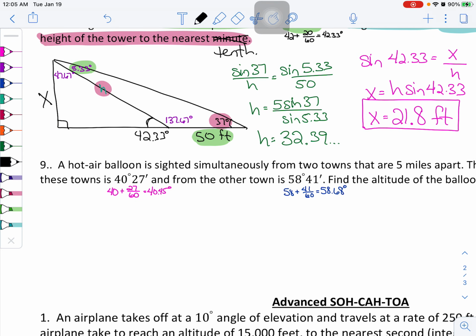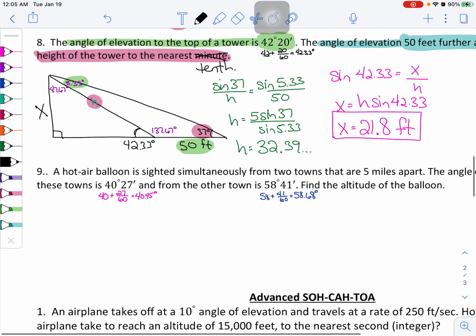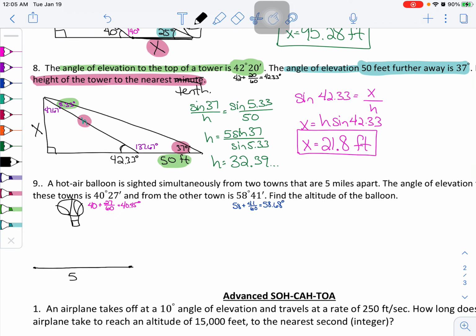Okay, so let's go ahead and draw the pretty little picture. So somewhere up here is a, I don't draw these well, hot air balloon, close enough. And we have two towns. So here's a town and here's a town that are 5 miles apart.